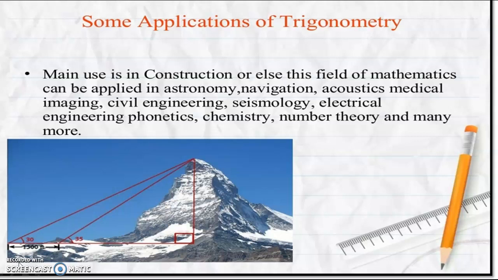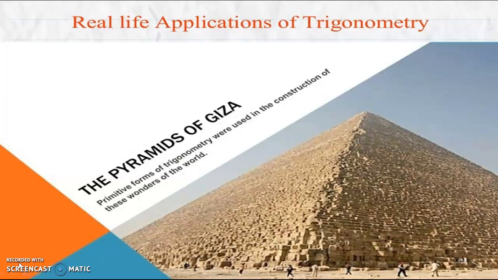Here in this slide you can see a real life application of trigonometry, the pyramid of Giza. We can find out the height, and in fact you may not know that when they constructed the pyramid, trigonometry was used also. So the construction of the pyramid is based on trigonometry, and this is a wonder of the world.